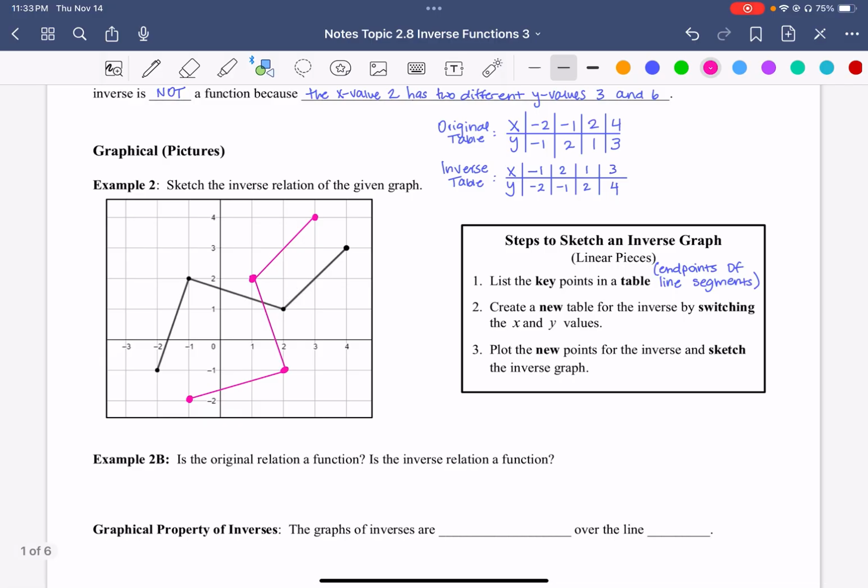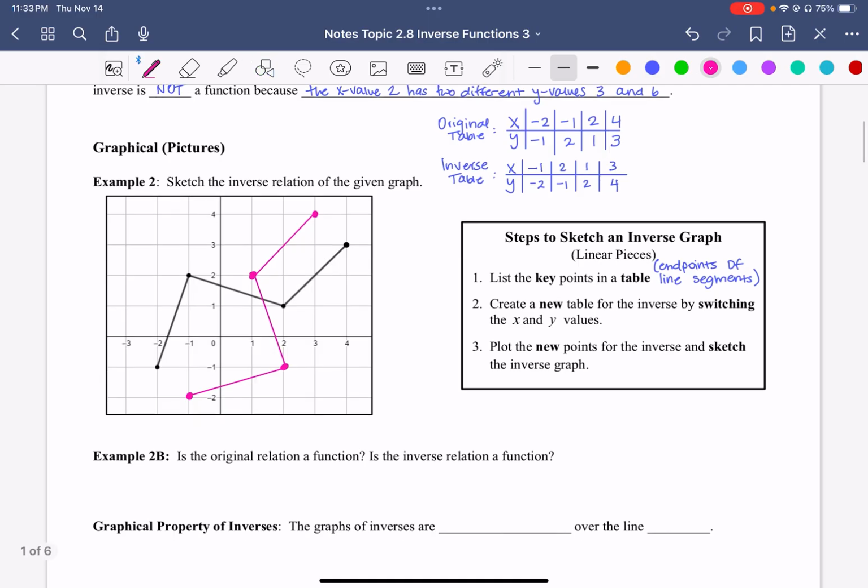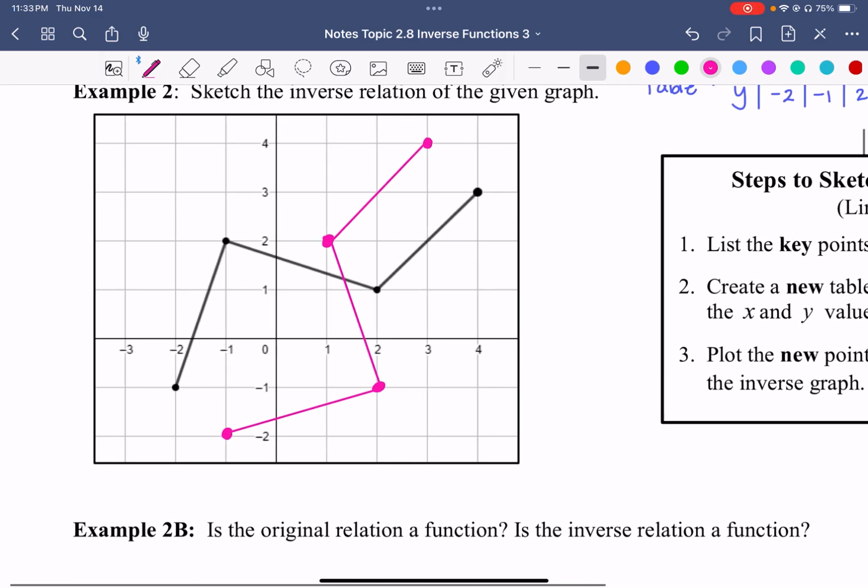Example 2b says, is the original relation a function? Now, graphically, you can use the vertical line test to determine if a graph is a function. So if you look at the original relation, which is the solid black one, and if I were to draw vertical lines throughout, the vertical line test says it can only touch one time.